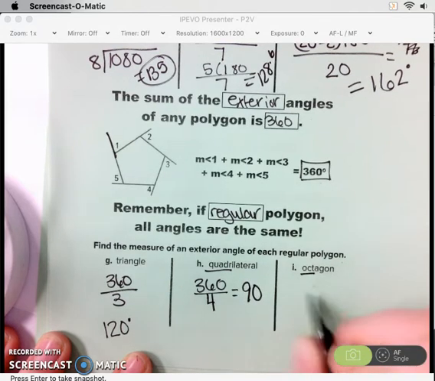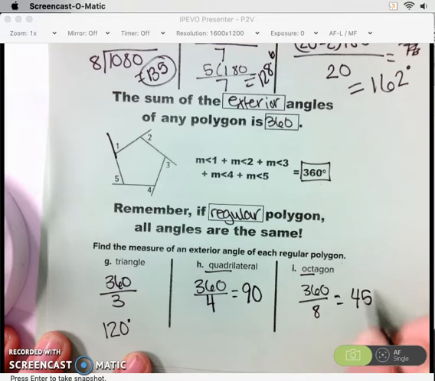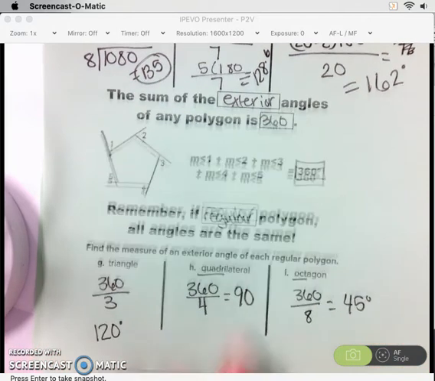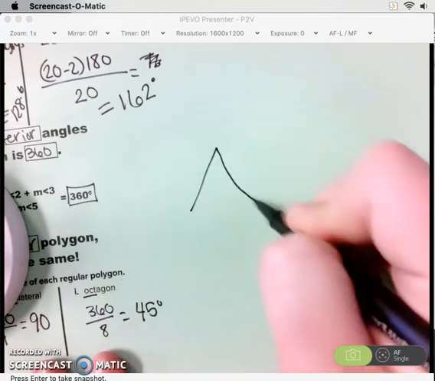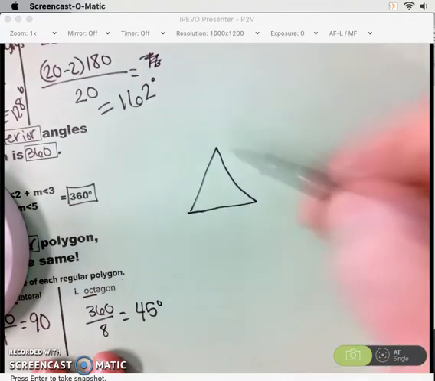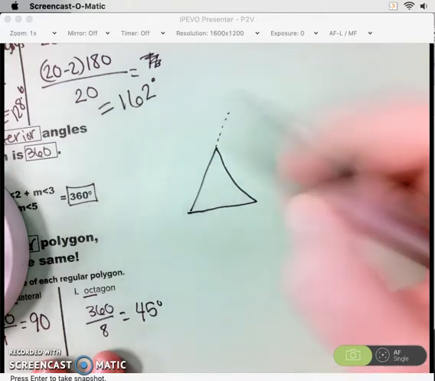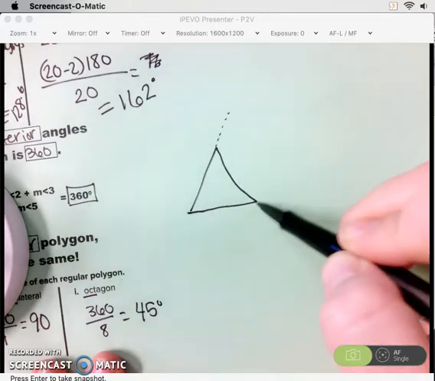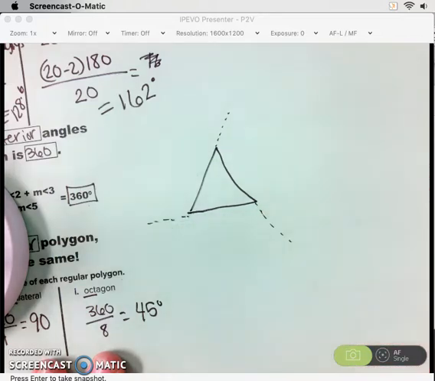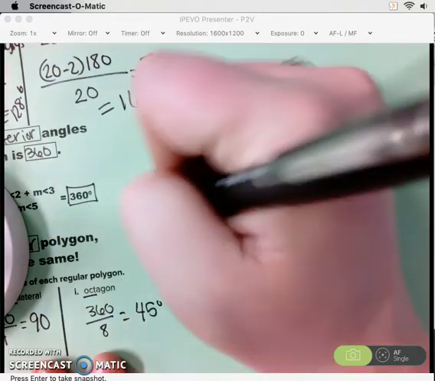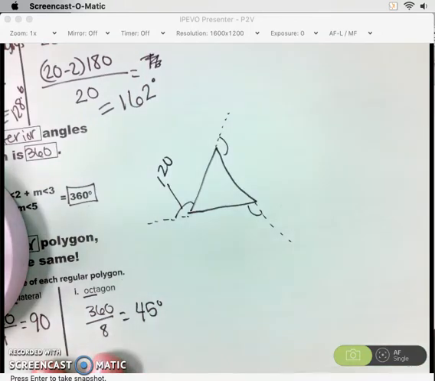And then octagon, 360 divided by 8, and you get 45 degrees. So what this means is, we have a triangle. If I were to continue on, these each would be 120 degrees. Okay.